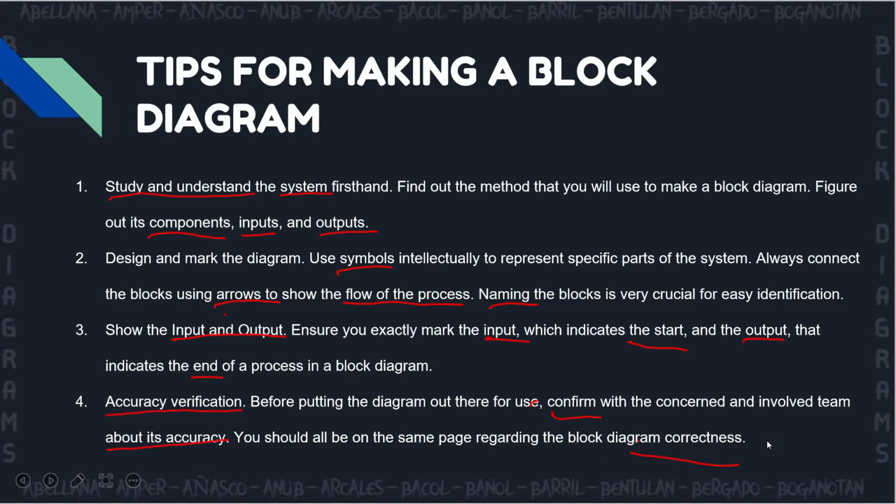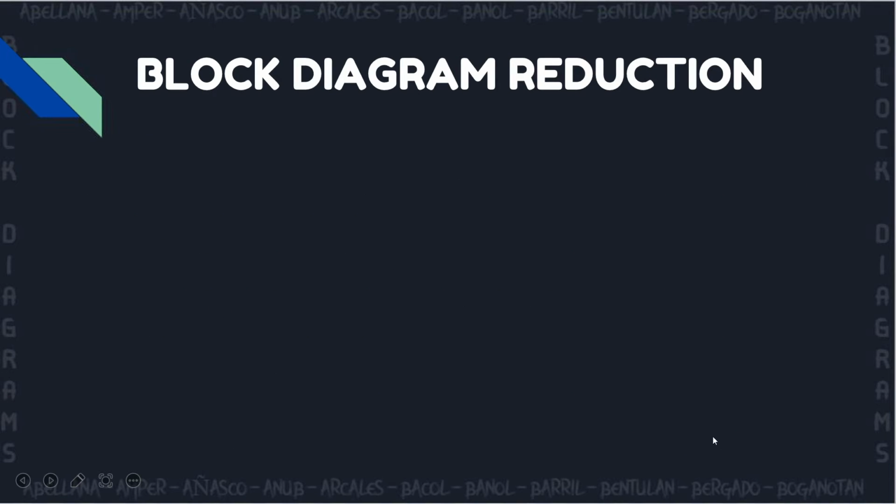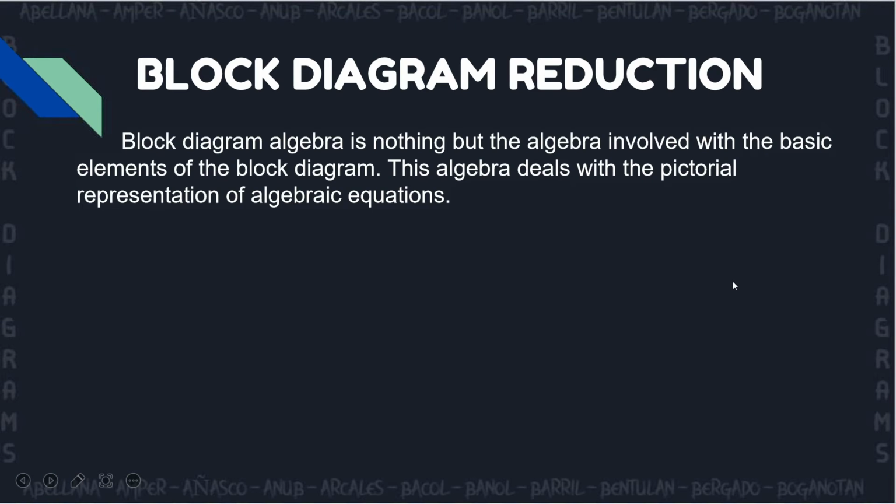Now that we know the tips in making a block diagram, let us proceed to block diagram reduction. Block diagram algebra, or block diagram reduction, is nothing but algebra involved with the basic elements of a block diagram. This algebra deals with a pictorial representation of algebraic equations.